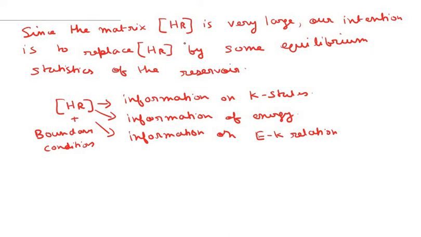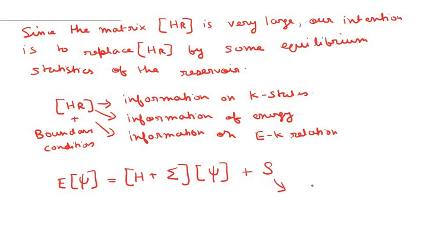Okay, and we will see next day that this information in the matrix HR can actually be replaced by defining a matrix sigma, where we have only this equation E psi equals H plus sigma psi plus S. So this S basically depends on the contact, and this sigma also basically depends on the contact.